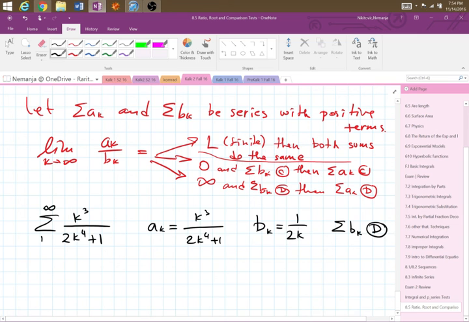So now, direct comparison won't work, but the limit comparison will work. You take the limit of AK, which is k cubed divided by 2k to the fourth plus 1, and you divide that by 1 over k, as k goes to infinity. As soon as you do this, you multiply the two that are far apart. Actually, let's do 2k.